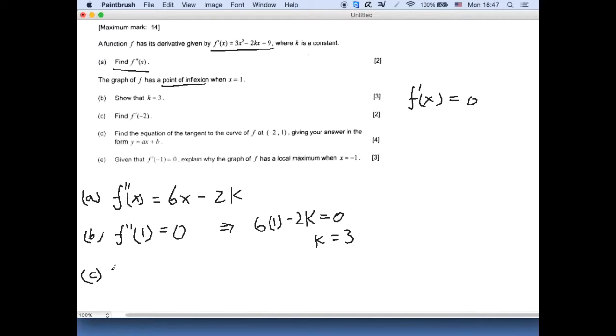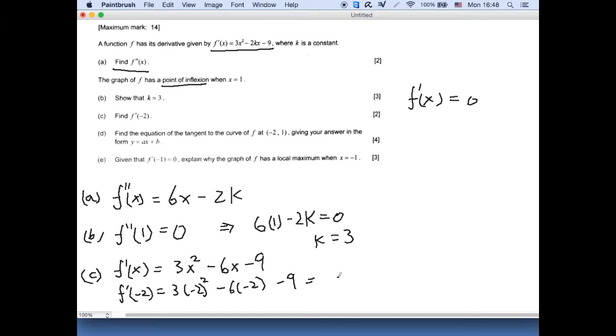So for part C, find f prime negative 2. As we know that k is equal to 3, f prime x can be rewritten as 3x squared minus 6x minus 9, and f prime negative 2 is nothing but substituting negative 2 into the function, and you can work out the solution yourself, which is just 15.